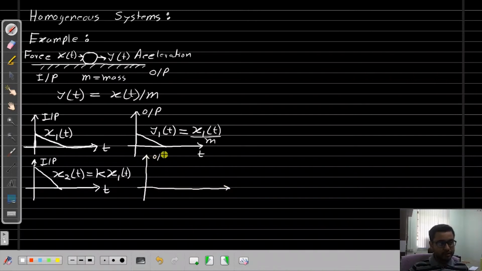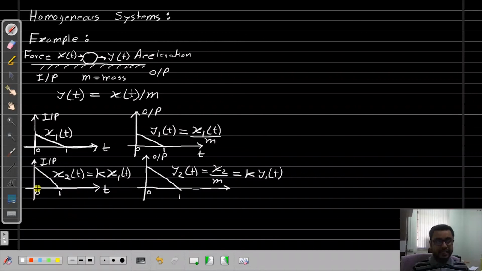Output will also look like this. If this is 0, 1, then this is 0, 1. So for this input x2, output will be y2 equal to x2 by m, that will be same as k times y1 of t, because x2 is k times x1.